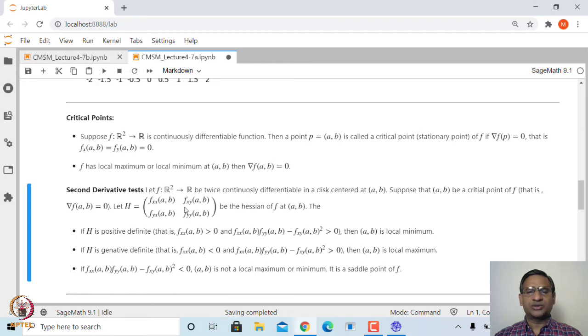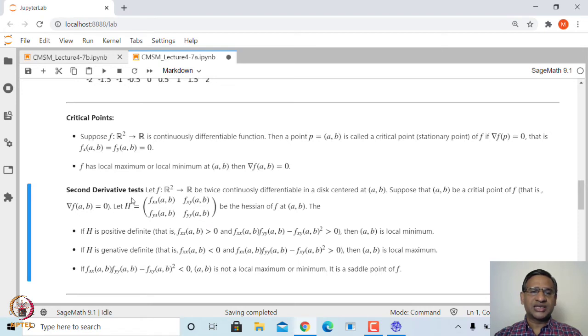In the one variable case, you must have seen that if x is a critical point, that is f dash x is equal to 0, then that x will be a point of local maximum provided the second order derivative at x is negative, and if the second derivative is positive, then that point is a local minimum, right. That is what you have seen.